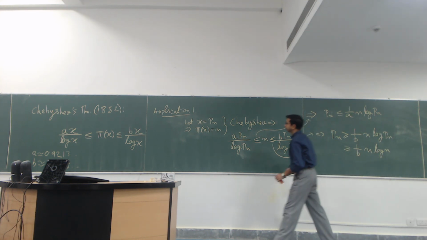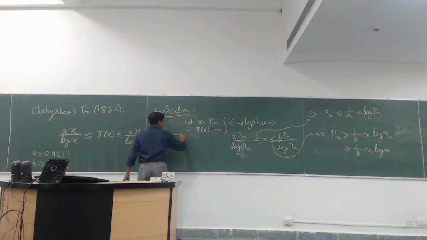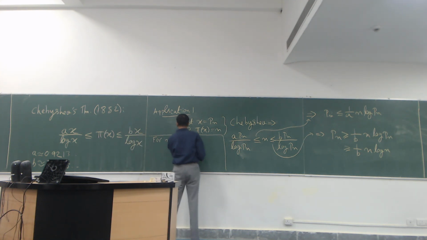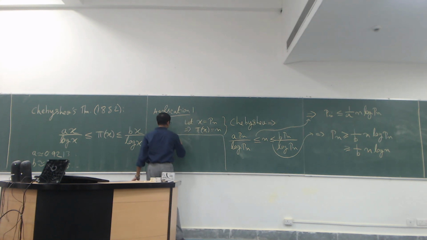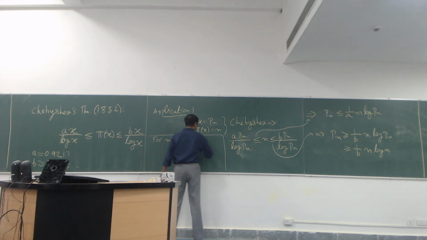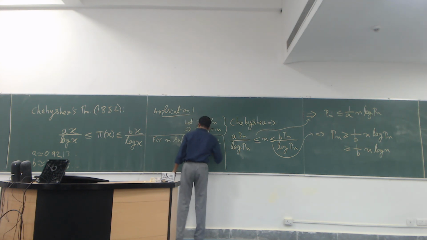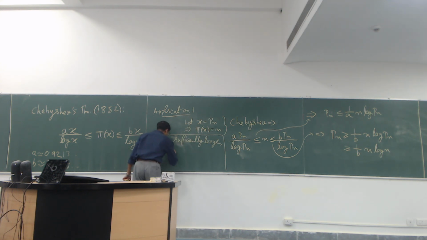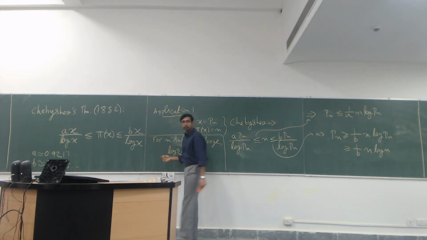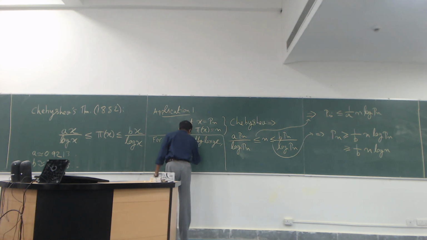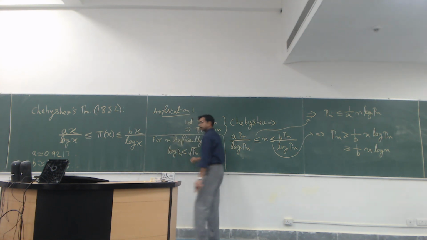For the upper bound, we note one thing, that for n large enough, log Pn is less than any power of Pn, but if n is sufficiently large, we can assume that it is less than square root of Pn.